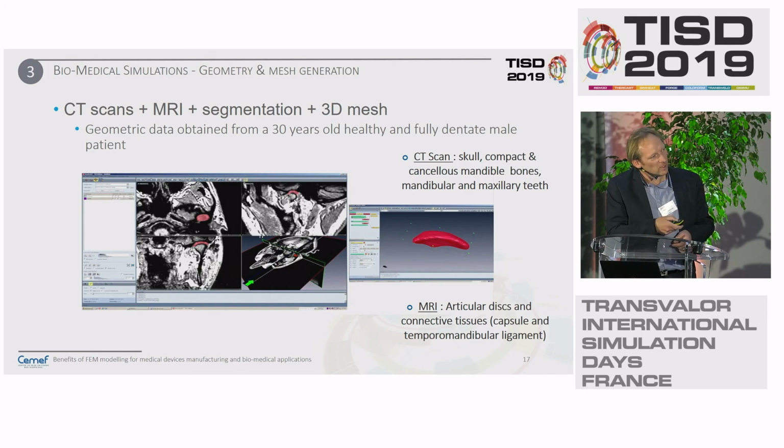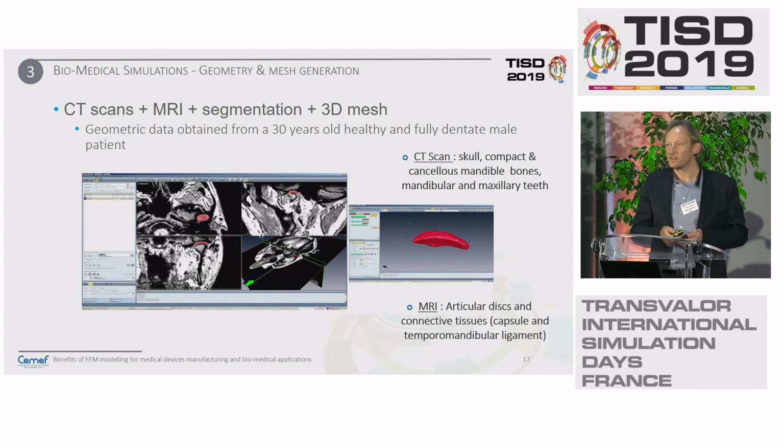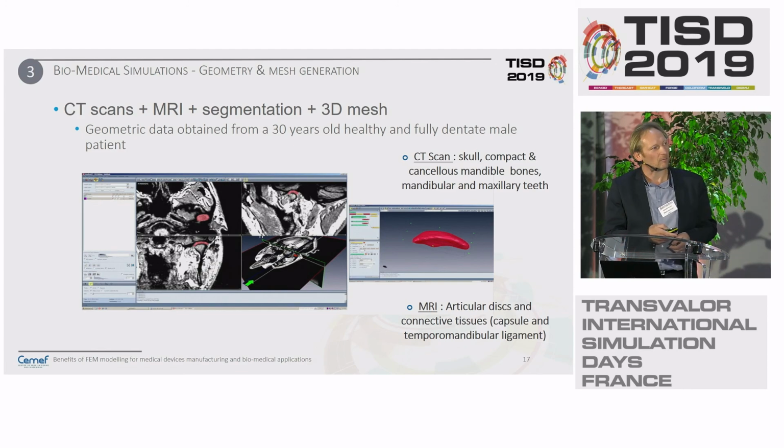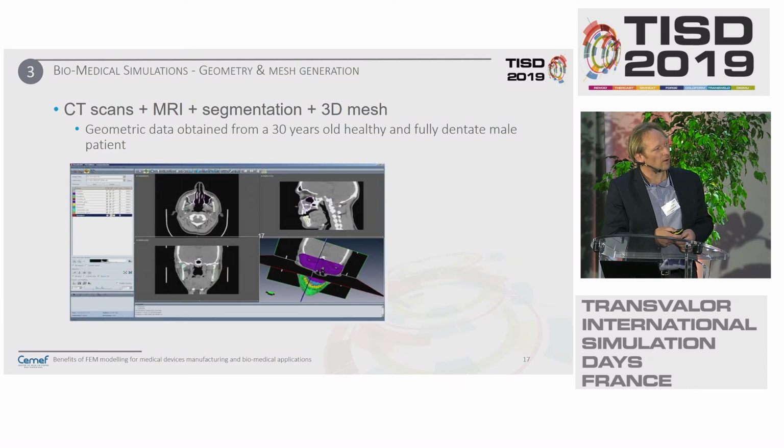For instance, you can see here the disc of the temporomandibular joint. This has been made thanks to a segmentation software, which means that layer by layer, we have to contour the organ of interest, the tissue of interest, and it was a very long process. It took several weeks to get the final model that was interesting for our experiment.